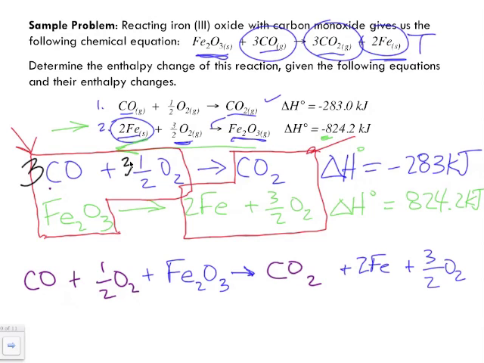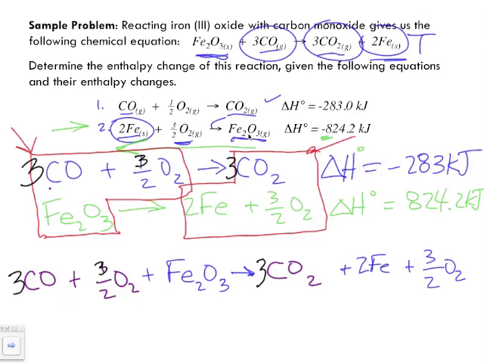So 3 times 1/2 becomes 3/2. Now I'm going to incorporate 3 moles of carbon monoxide, 3/2 moles of oxygen, and 3 moles of carbon dioxide.